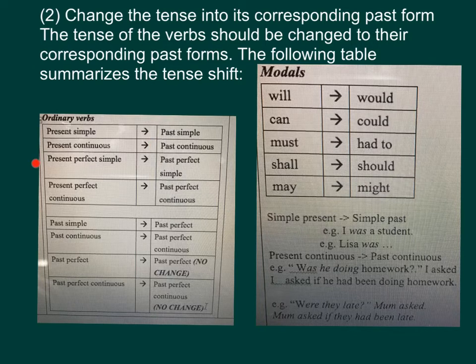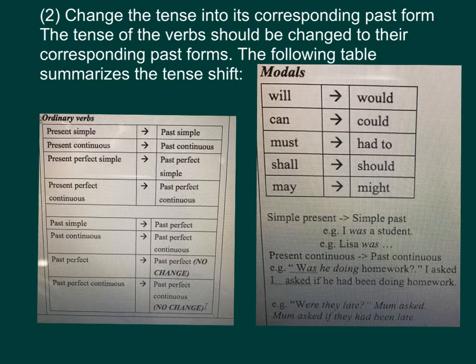Present perfect simple changes to past perfect simple. Present perfect continuous changes to past perfect continuous. Past simple to past perfect. Past continuous to past perfect continuous. Past perfect stays past perfect without change, and past perfect continuous stays past perfect continuous without change.